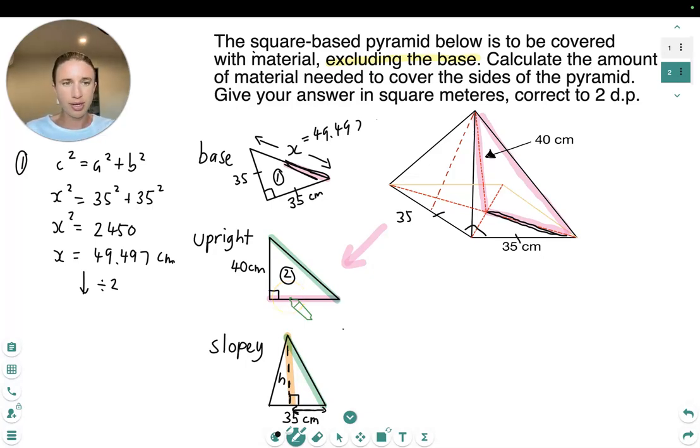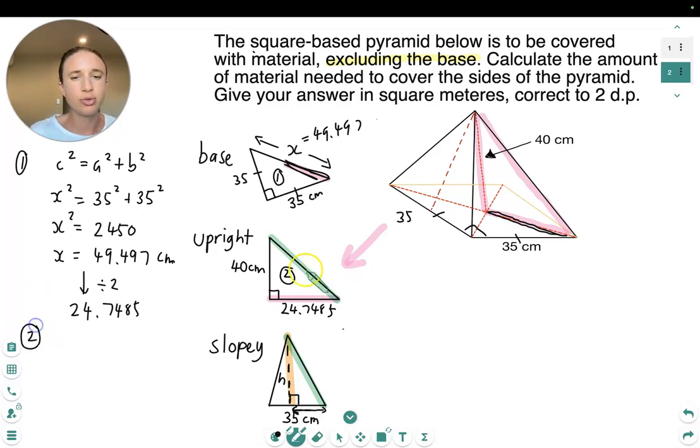49.497 divided by 2. It's a bit of a process, this question. So 24.7485 is going to be this, because we just want halfway across, half that hypotenuse. Okay, so we got that. And then from that, we can find this green side now.